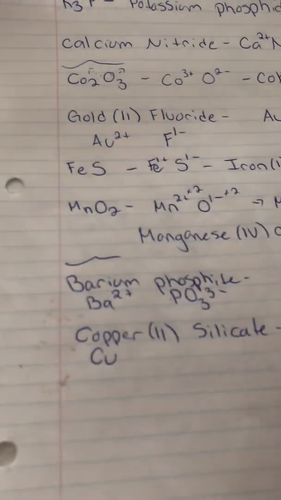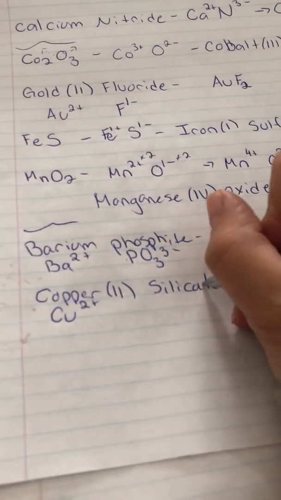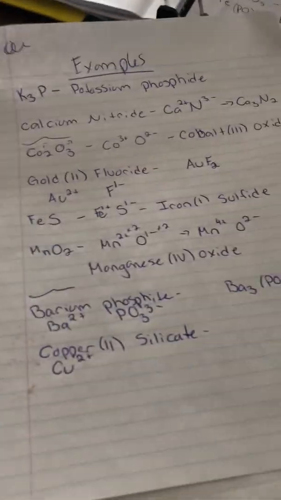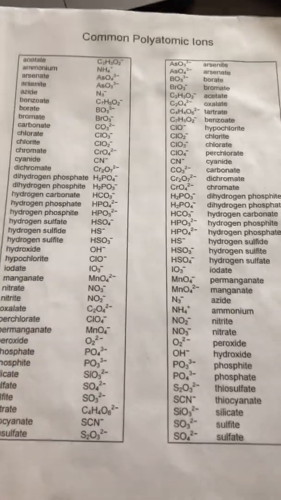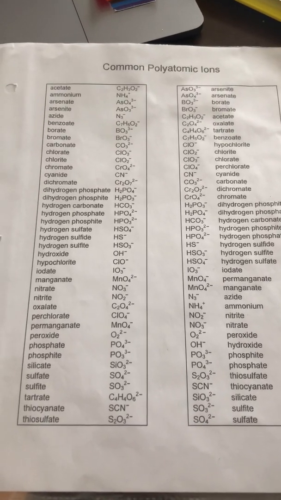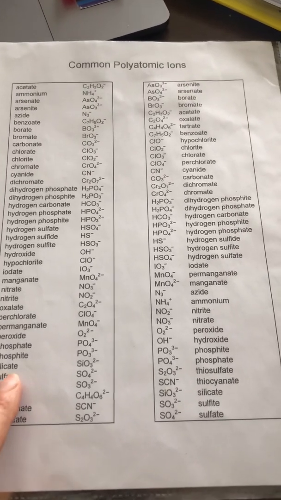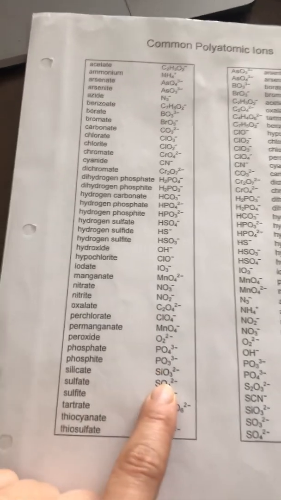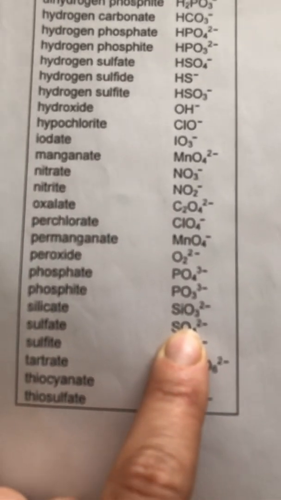And it has a charge of 2 because that's what that Roman numeral is for. Silicate, again, that doesn't have an ending in IDE, so it makes it a polyatomic ion from our polyatomic ion sheet, which is right here. It looks like SiO3 with a charge of 2 minus.